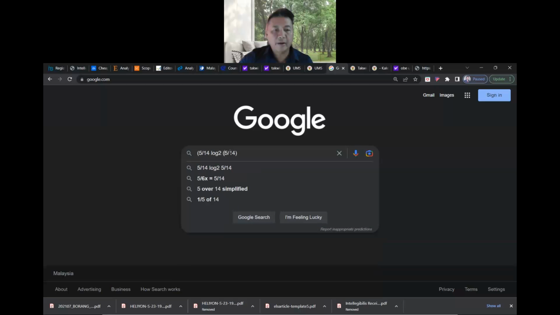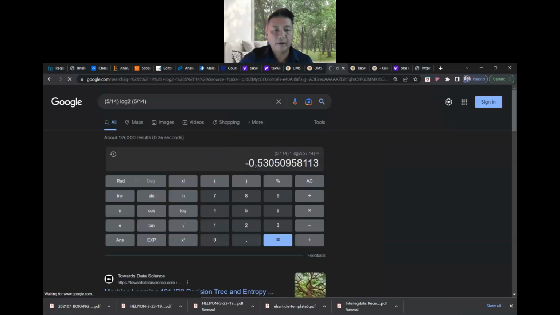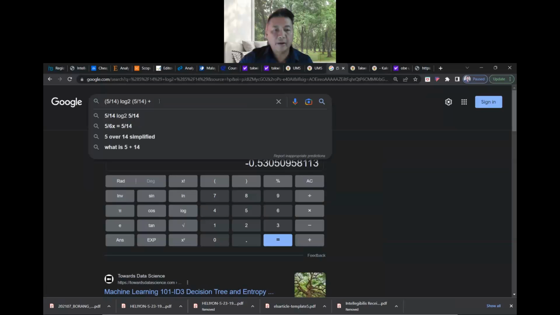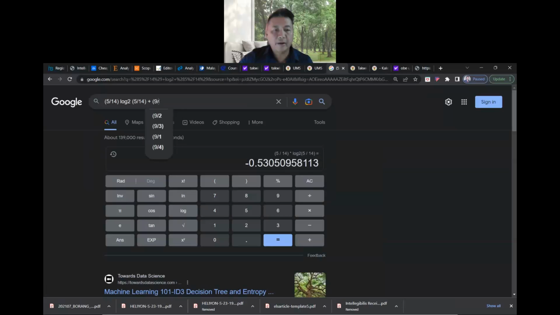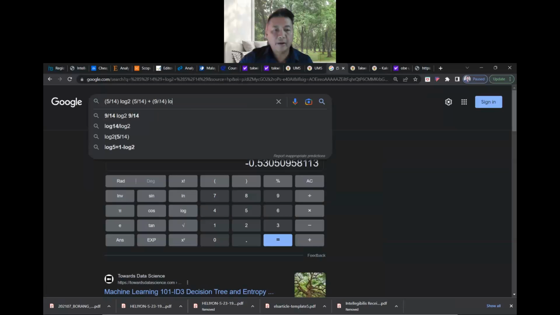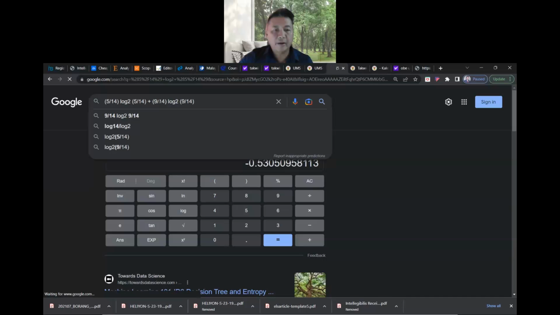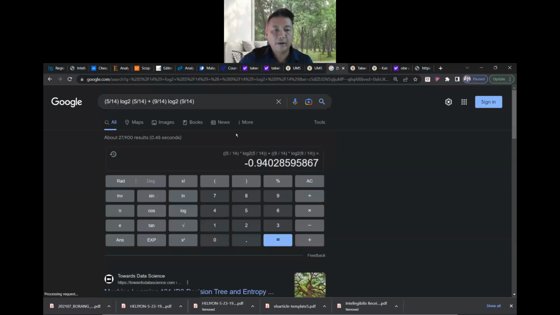So this one will give me this, but this is only for the no, so I need to add the yes again. For the yes, we have 9 over 14, and we have this. So the value for this will be negative 0.94.